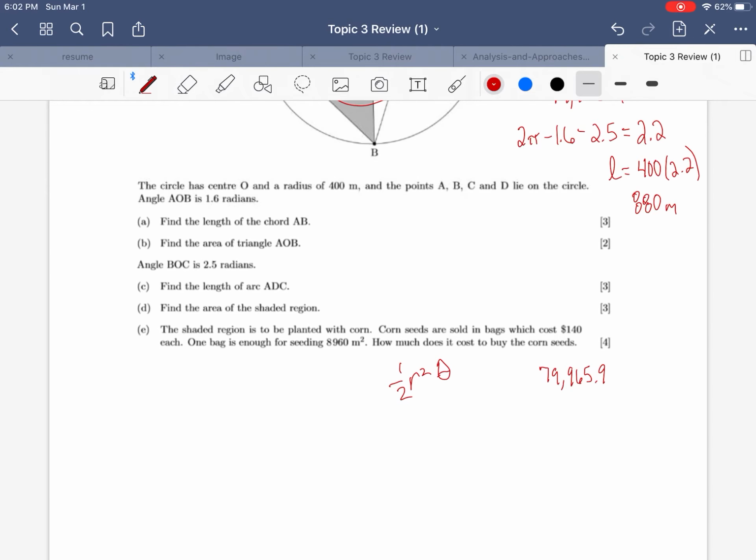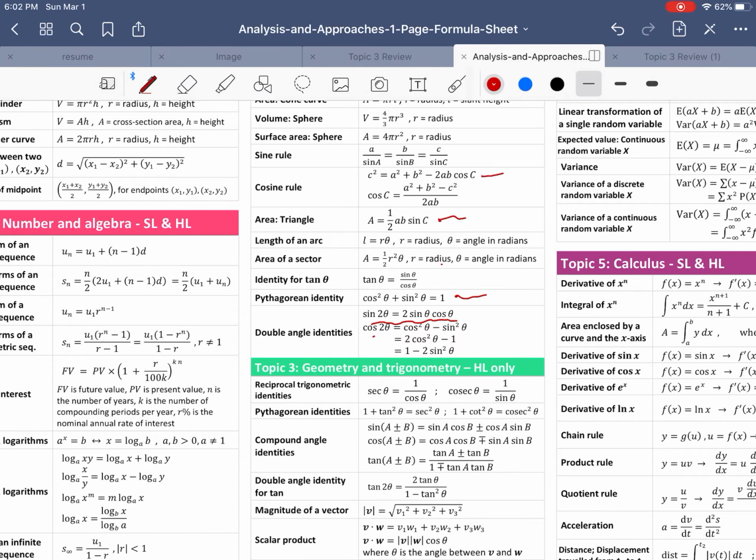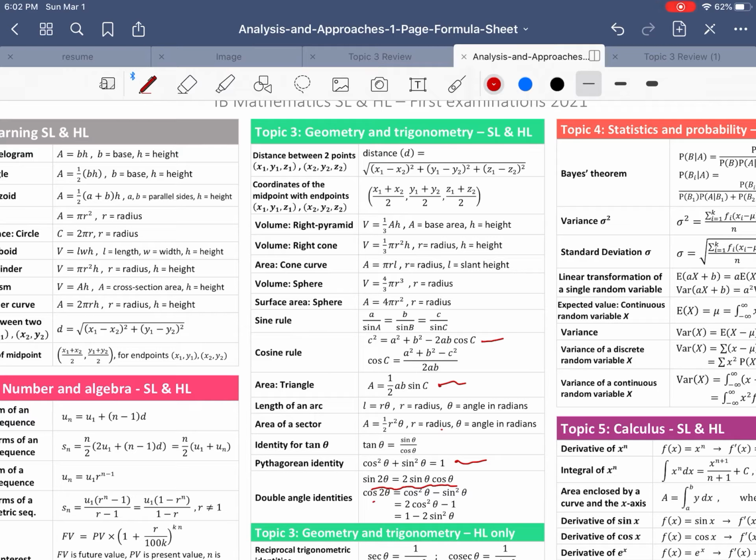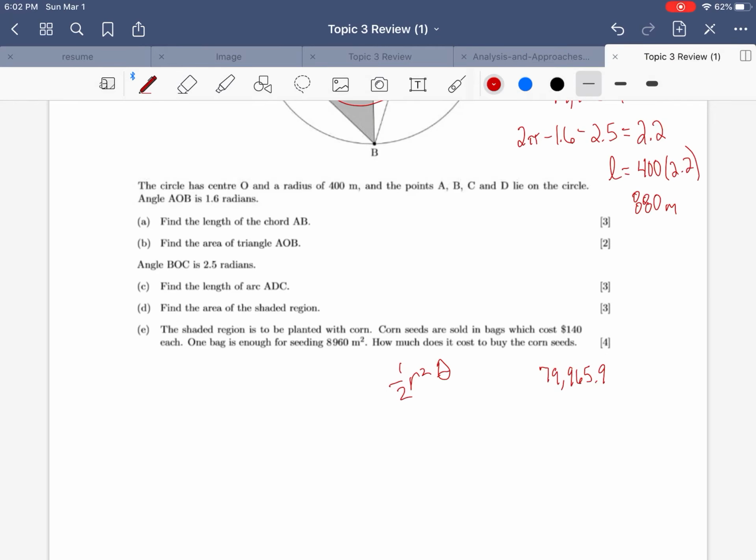And remember that formula comes from right here, area of a sector. Okay. So 1/2. The radius is 400 squared times 2.2.